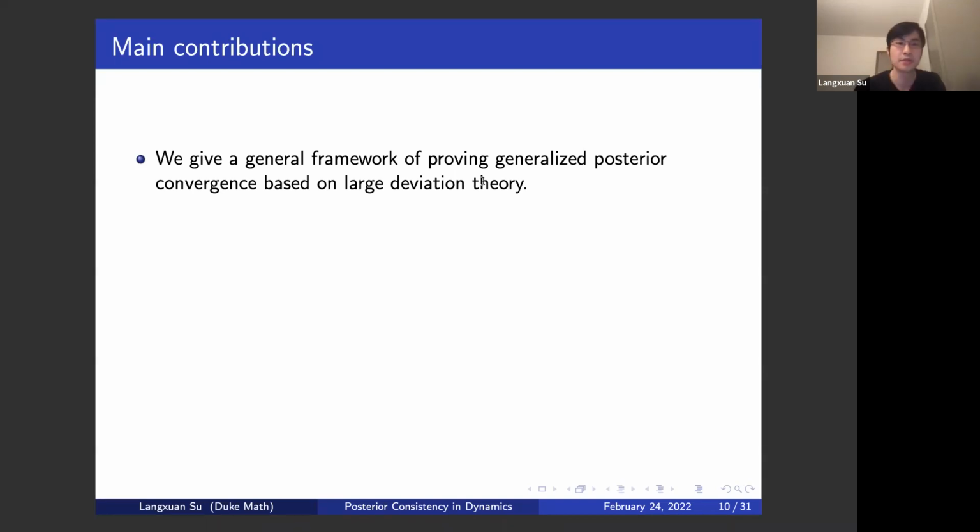It's very hard to see what the general approach to this kind of problem is. If you change the system to a different system, then it's not clear how you change your proof techniques. And here we give a very general approach to this problem based on large deviation theory.